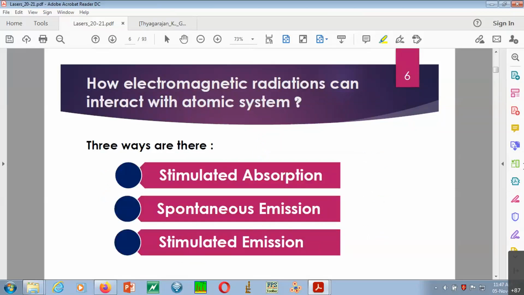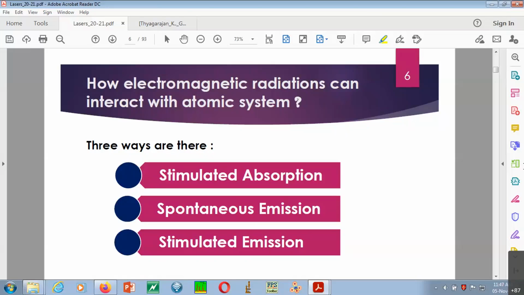So basically laser light all depends on how a particular component of the electromagnetic spectrum is going to interact with your atomic system. When I say atomic system, it must have atoms as well as some energy levels, as I discussed in the last slide. It has some energy levels, and inside them some atoms will be there.